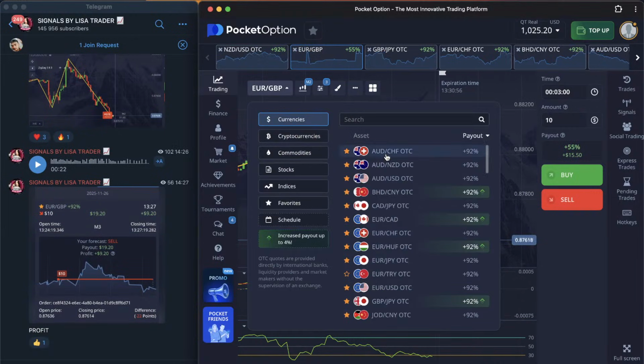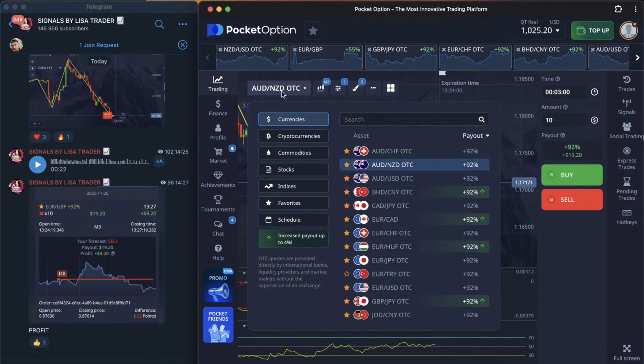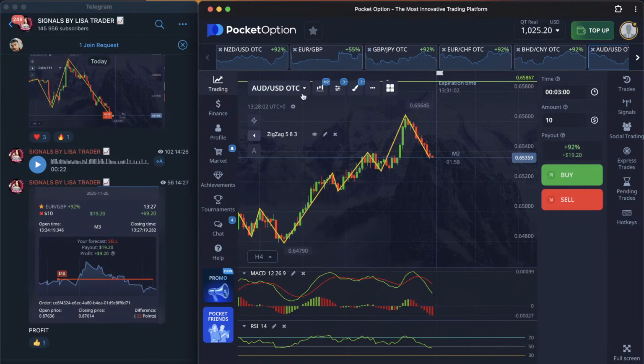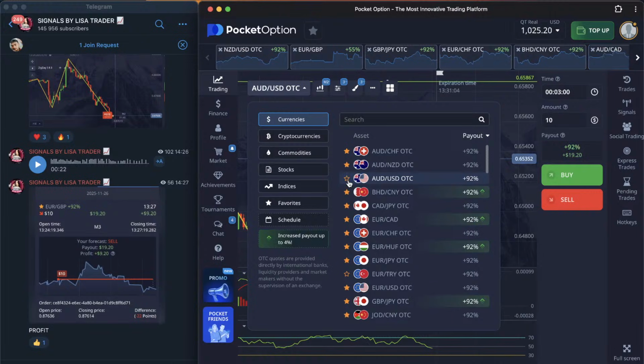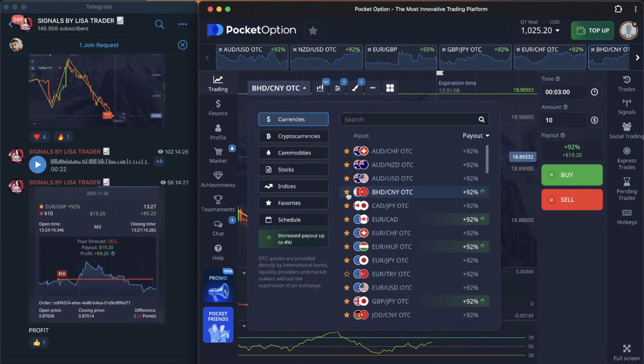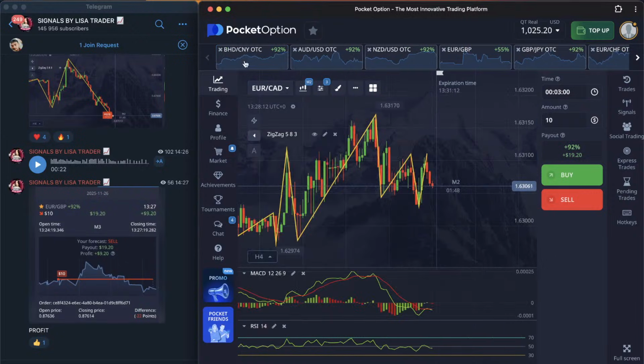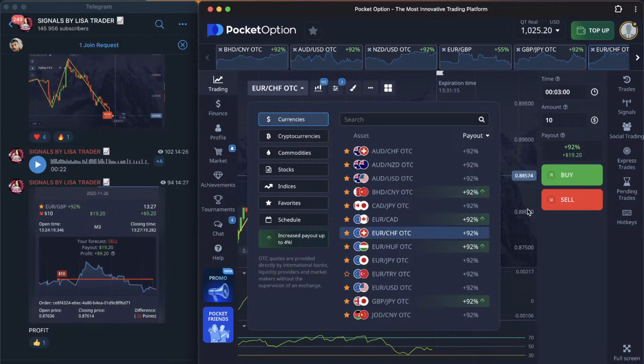Let's check out the other currency pair. Here's a pretty good one. Okay.